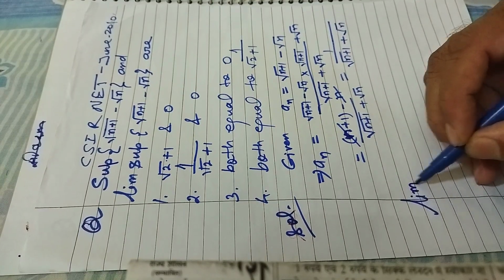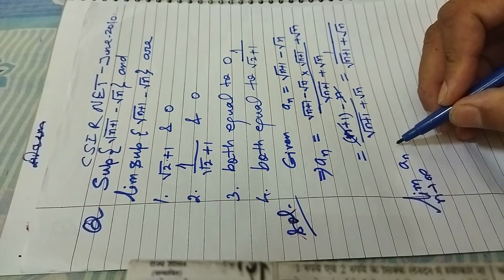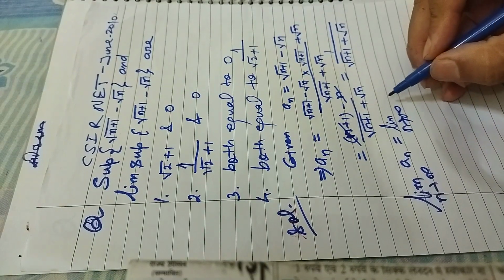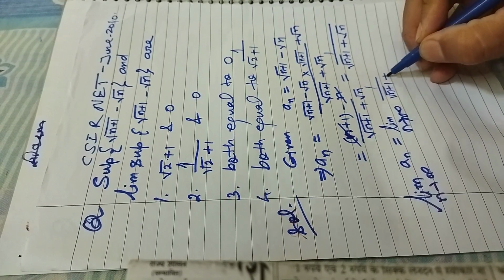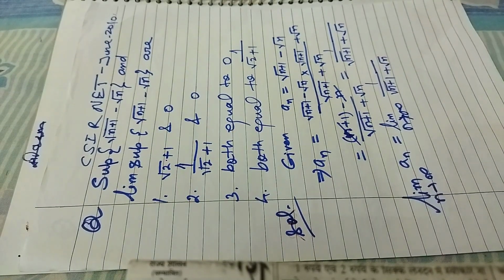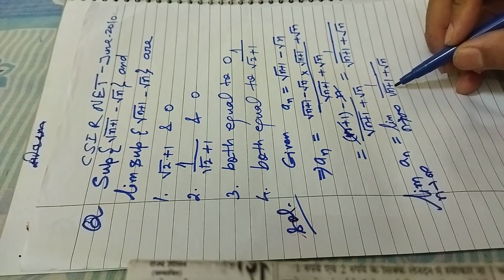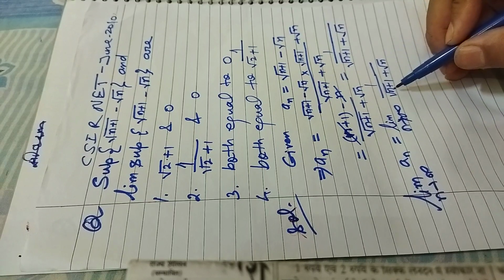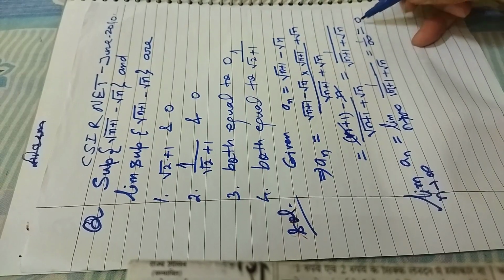Now limit n tends to infinity of an is equal to limit n tends to infinity of 1 upon root n plus 1 plus root n. Alright, we put infinity in place of n; then infinity plus 1 is infinity, and infinity plus infinity becomes infinity. That means 1 upon infinity is equal to 0.